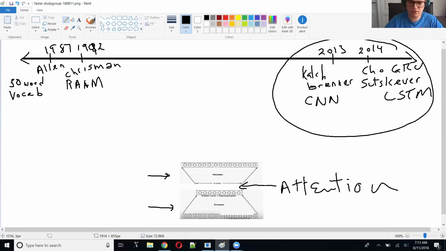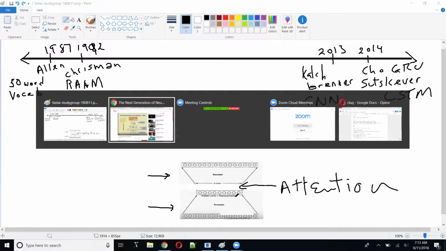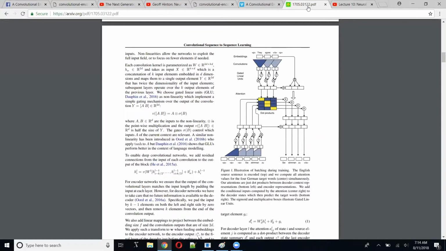And how does a convolution for language or for text look? Do you know that? Yeah, a little bit. The convolution would work at this encoder region, and let me show you something I was looking at.